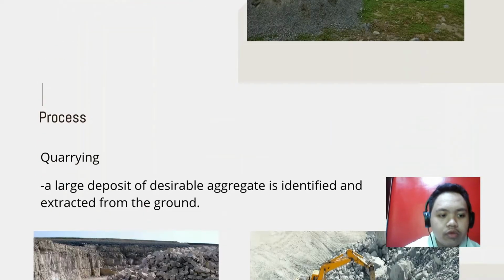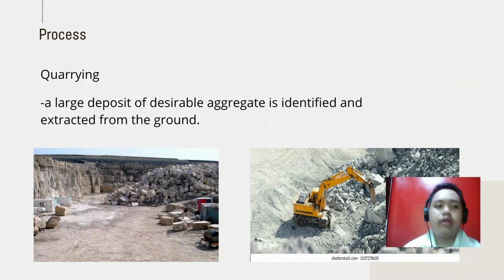So first natin sa processing is quarrying. Quarrying is when a large deposit of desirable aggregates is identified and extracted from the ground. So mostly, ang quarrying natin nangyayari siya on mountain sides or on the sea or ocean.